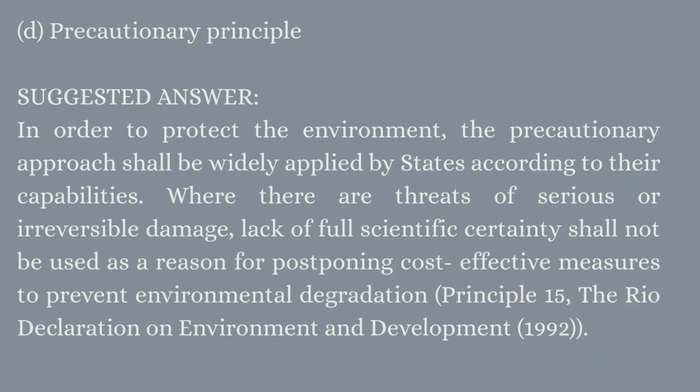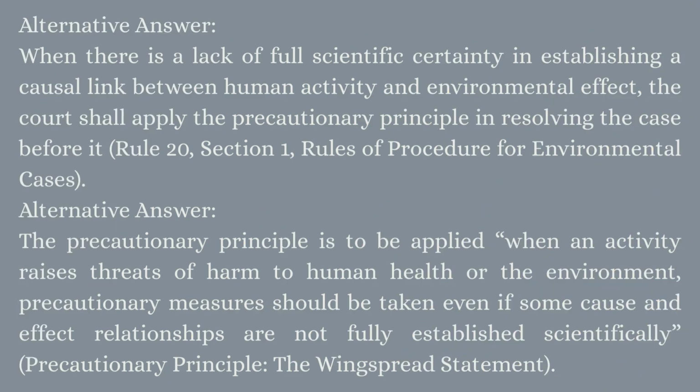Suggested answer. In order to protect the environment, the precautionary approach shall be widely applied by states according to their capabilities. Where there are threats of serious or irreversible damage, lack of full scientific certainty shall not be used as a reason for postponing cost-effective measures to prevent environmental degradation. Alternative answer.